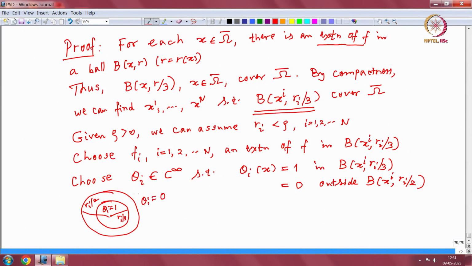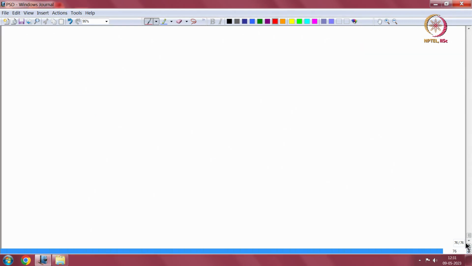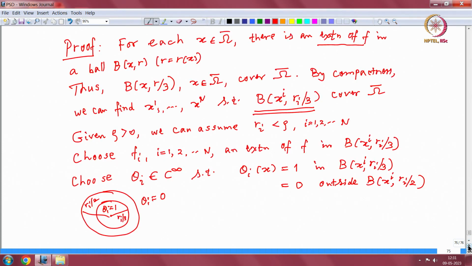We have already seen how to construct this. That is why it is important to know how to construct these test functions. We are so much used to these test functions that sometimes we forget to state all the properties.